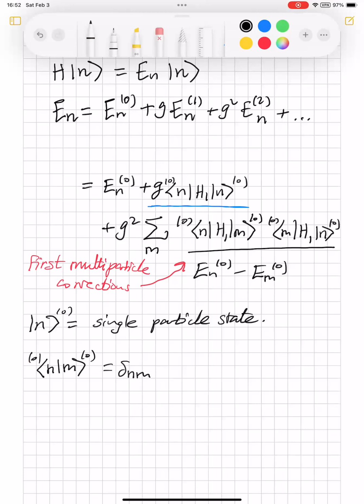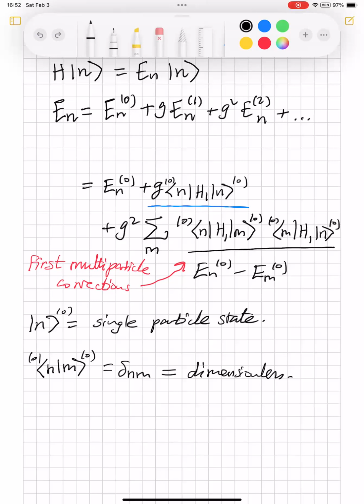And what you can see is delta Nm is just the Kronecker delta, so it's either 1 or 0. So the right-hand side of this equation is certainly dimensionless. That tells me that both the ket and the bra are dimensionless.